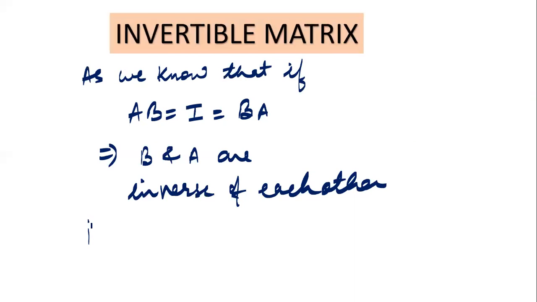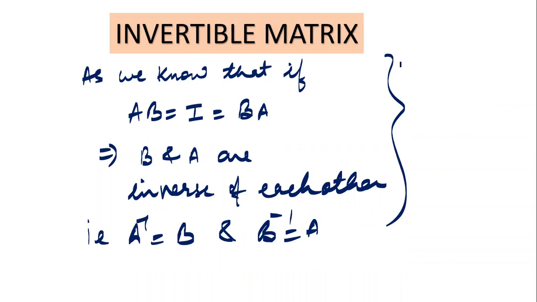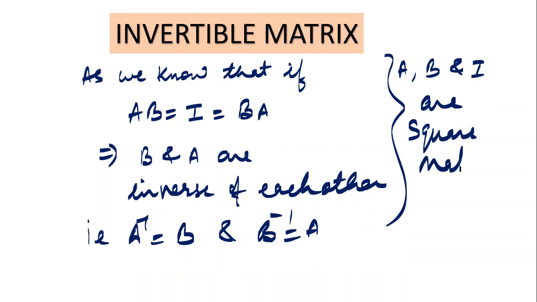That is, A inverse will be B and B inverse will be A. Where A, B and I are square matrices of same order.